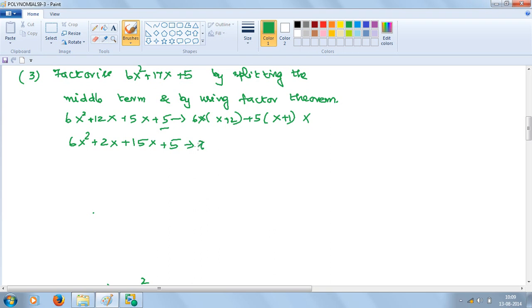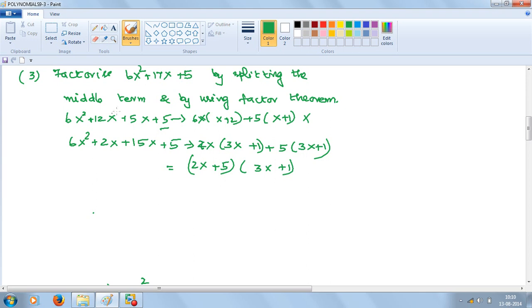So we'll take 2x common: 2x multiplied by 3x plus 1, plus 5 common: 5 multiplied by 3x plus 1. So this is equal to 2x plus 5 multiplied by 3x plus 1. So what are the factors?